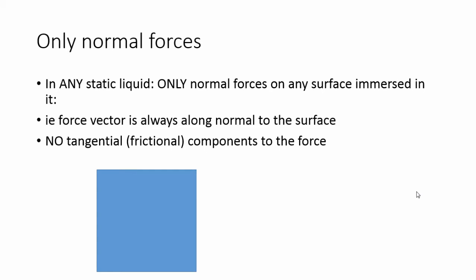So here's this liquid region, and I have some object here, and once I put it in there, you can see that it has 4 surfaces, and on each surface the force will be exactly perpendicular to that surface. Can you see that? That's it. The 4 surfaces will have forces which are exactly perpendicular to the surface.